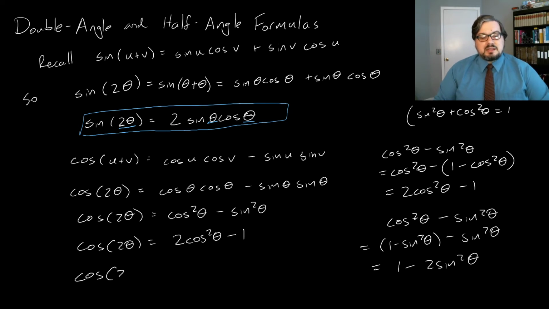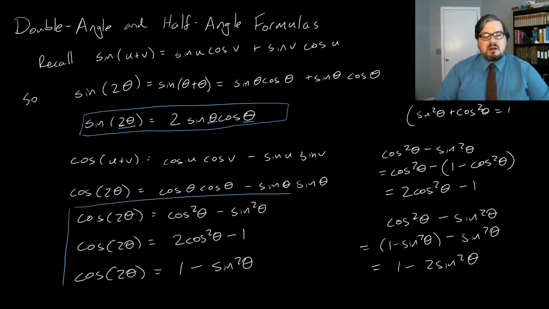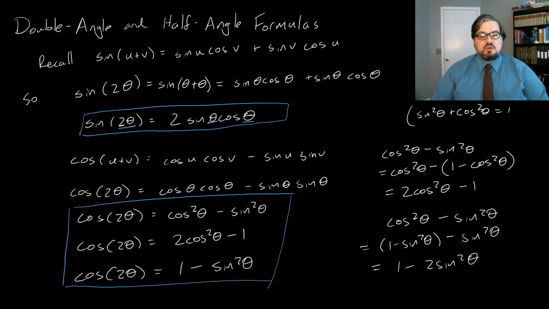So we also get that cosine 2 theta is equal to 1 minus 2 sine squared theta. So there are our 3 expressions for cosine of 2 theta.